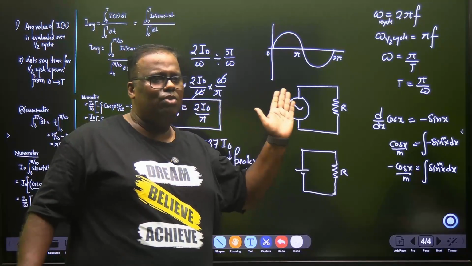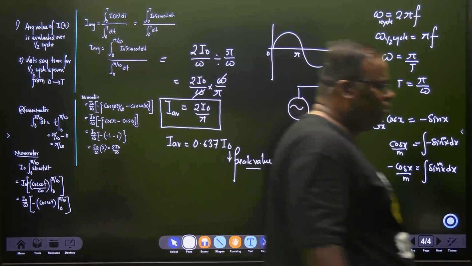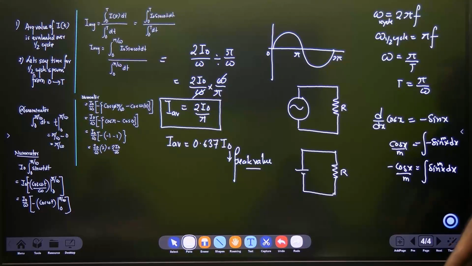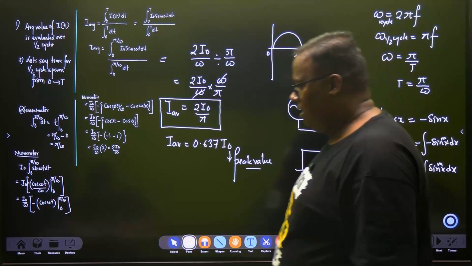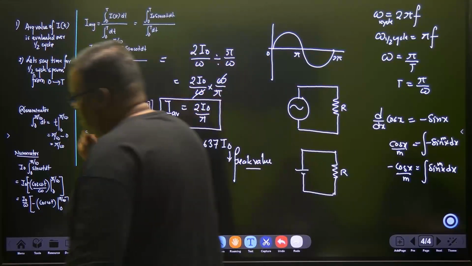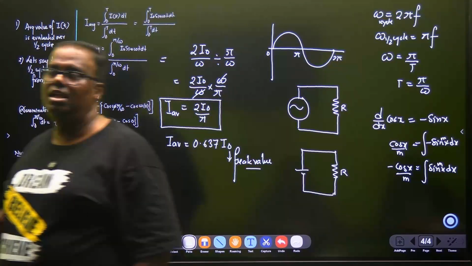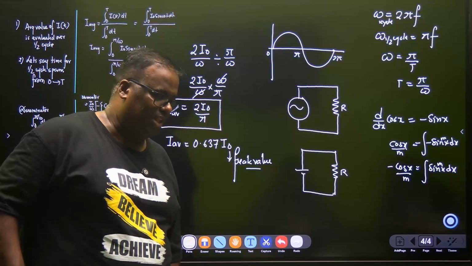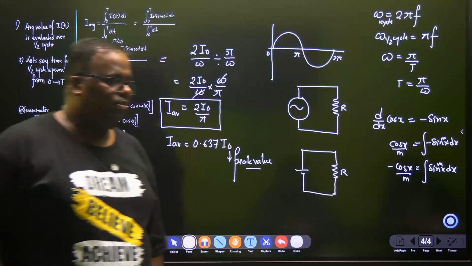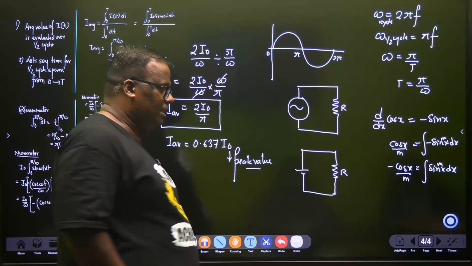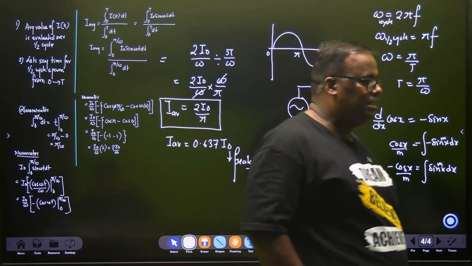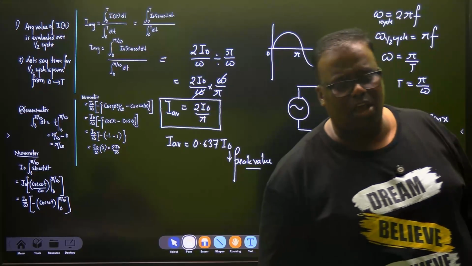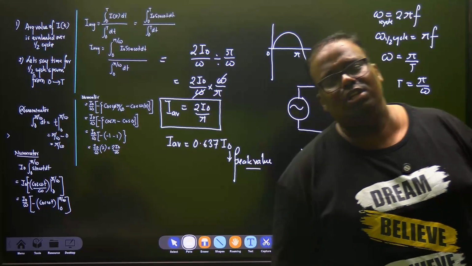The average value of an alternating current given by the function I at t is equal to I naught sine omega t, and you can add one more adjective: the average value of a sinusoidal alternating current.